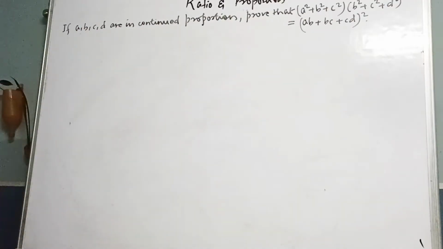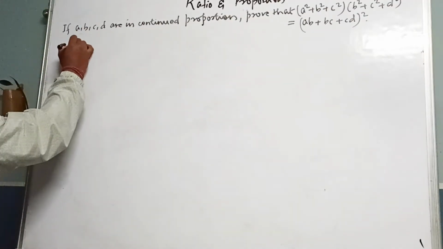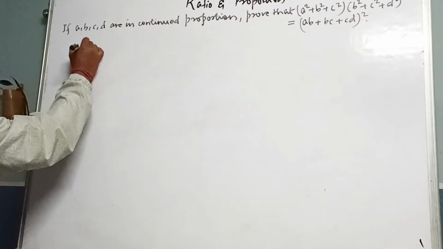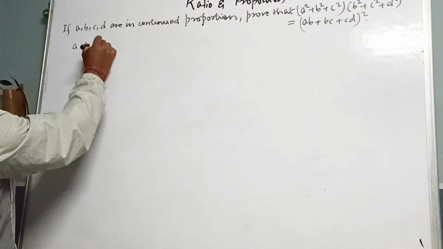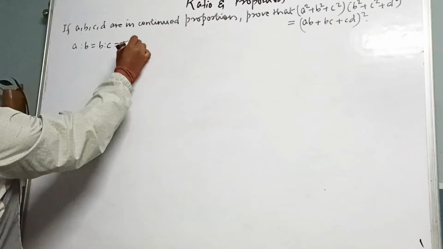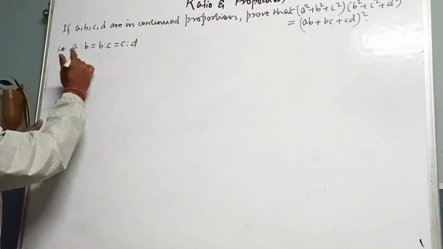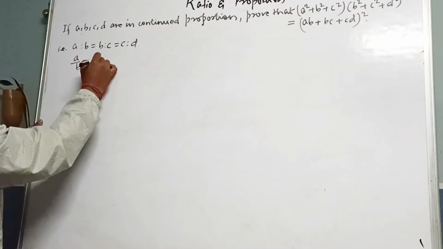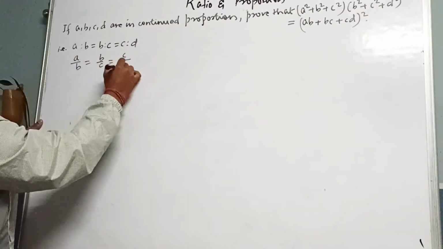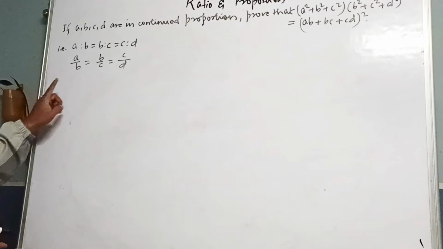So what do you understand by the continuous proportion? A is to B equals to B is to C equals to C is to D. So we have to make ourselves in this form: A by B, B by C, C by D. So this is known as continuous proportion.